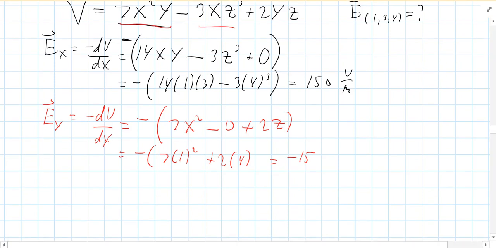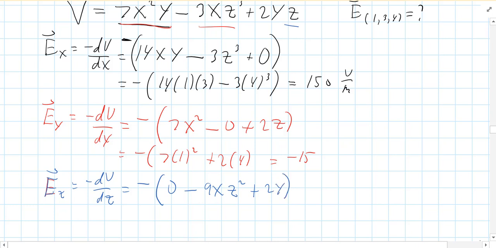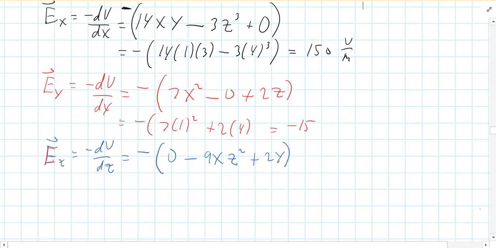And then E sub z should be Ez by now, right? No pun intended. So E sub z is negative dV dz. Our first term, there is no z, so that's 0. Our second term, there's a z cubed, so that becomes 3z squared. So I could take 3 times that 3, so it's 9xz squared, plus the derivative here of z is just 1, so you get your 2y. And then we plug in these values, 1, 3, 4 for x, y, and z.